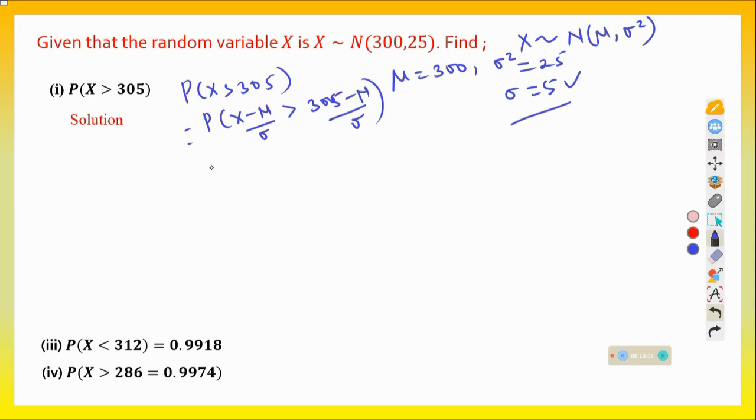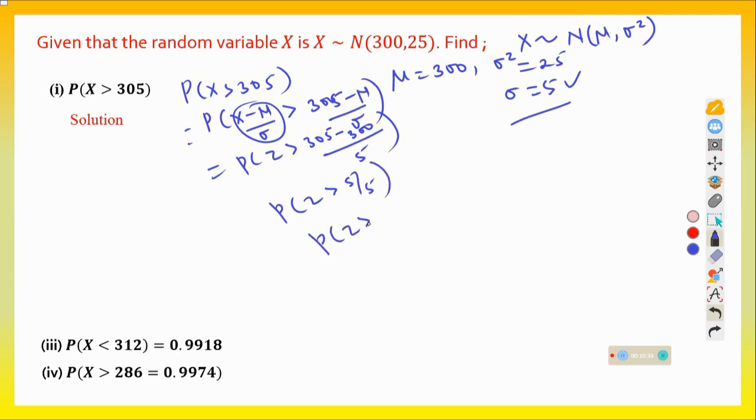So this becomes P(Z greater than (305 minus 300) over 5), so you have P(Z greater than 5 over 5), which is P(Z greater than 1). As we said, if it is greater, it means you have 0.5 minus the table reading of 1. You know how to obtain the table reading of 1. Simply substitute and get your answer. So that is how we manipulate that expression.